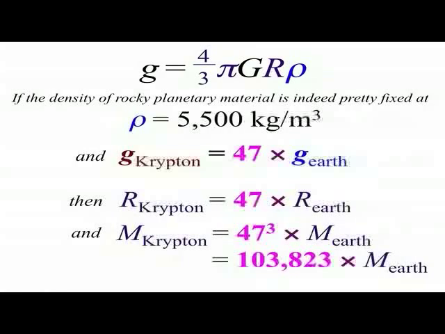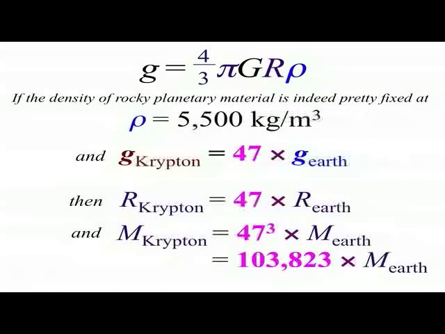And the fact that Krypton has a G-force 47 times greater than the Earth implies that Krypton must be 47 times broader or bigger in girth, in diameter or radius than the Earth is. So 47 scaled up, 47 times the size.